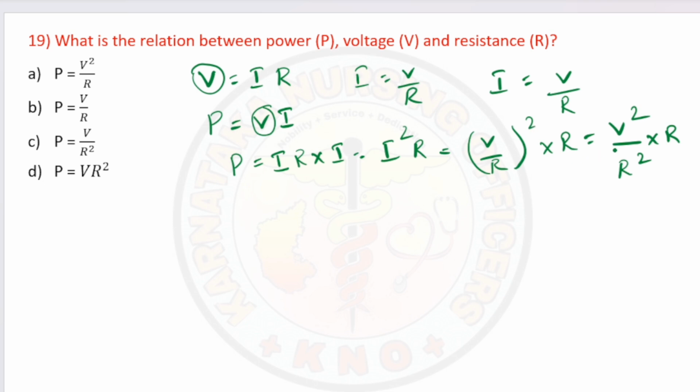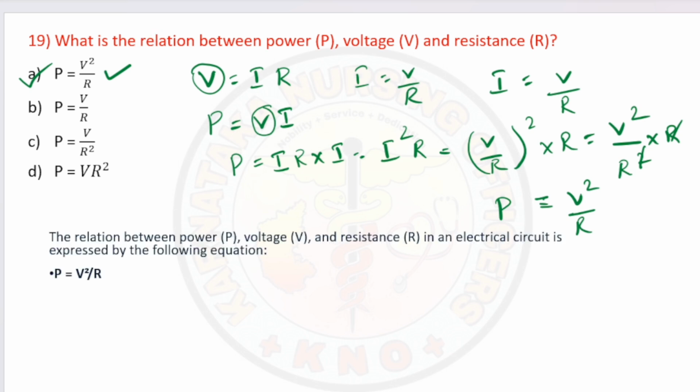Because it is square, one R gets cancelled. So V square by R. So the relation for power can be given as V square by R. Hence option A, P is equal to V square by R, is the correct answer for this question.